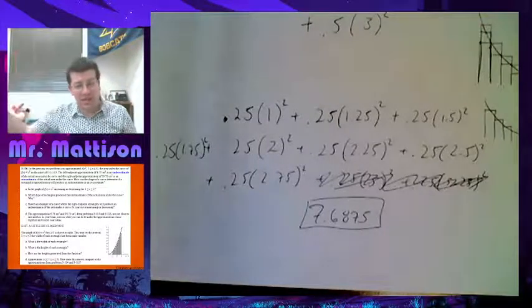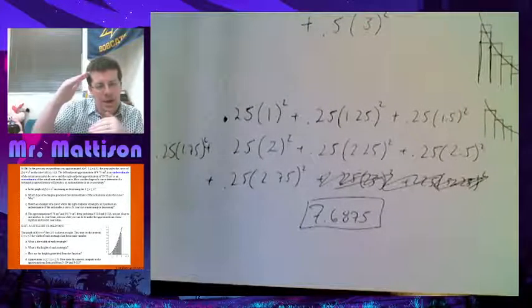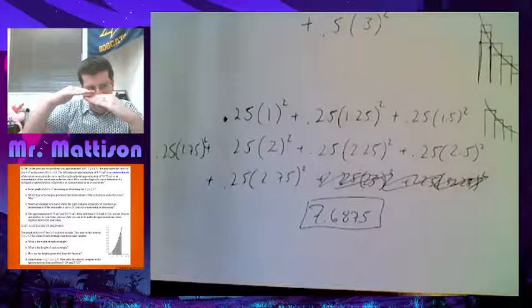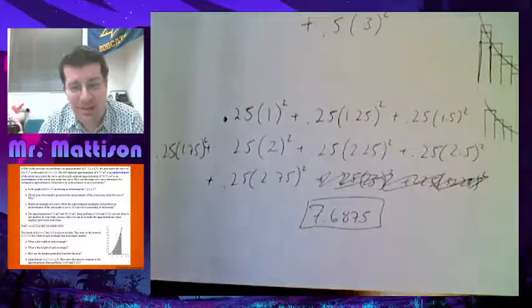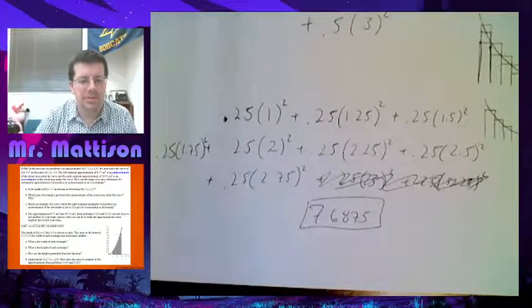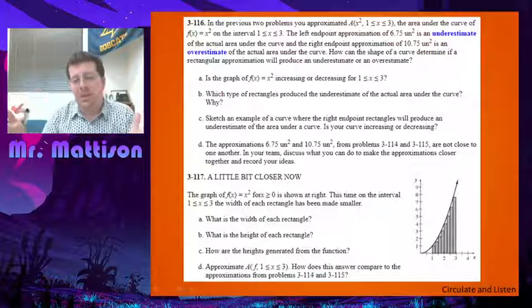And I could do the same thing with the right endpoint rectangles and get a lower upper end, and I can eventually make those narrower and narrower until I get such a small gap that I know effectively exactly where that is going to be. That's effectively the process we're trying to go through here. So you can probably see where we're going next.